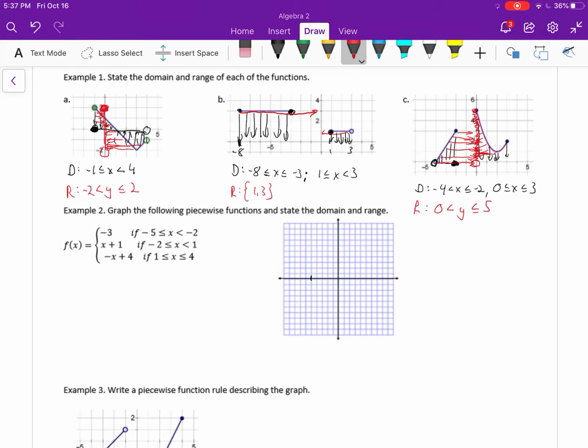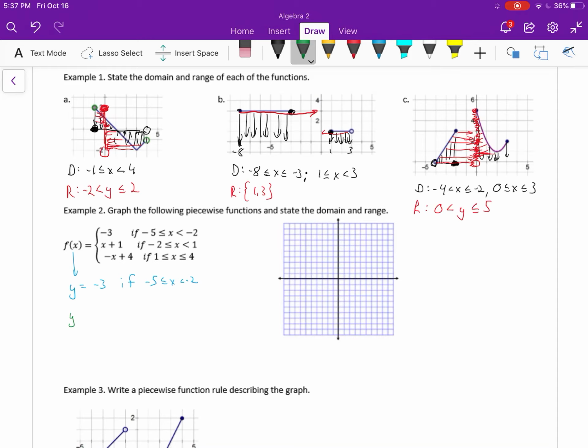So in example 2 here, we want to graph this piecewise function, and we'll state the domain and range. So what we're going to do here, I usually think of this in 3 separate parts. Well, in this one, I'm going to actually think of it as 3 separate functions. So just y equals, or f of x equals, -3. And really I'm just rewriting all of this.